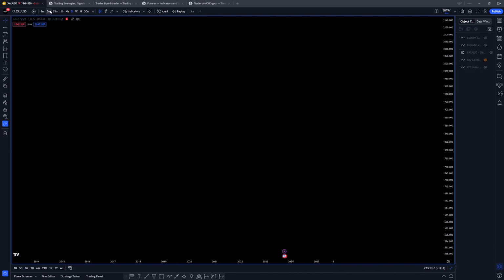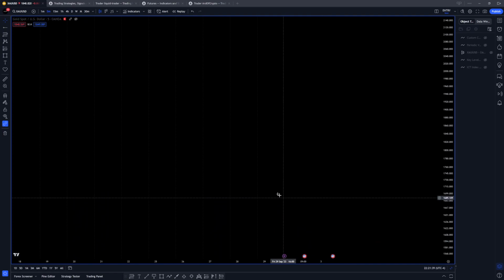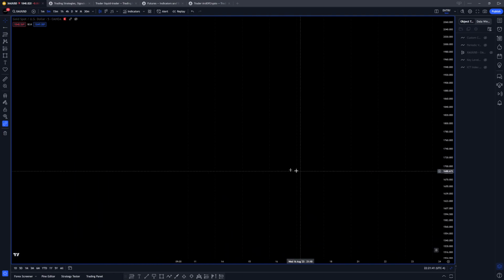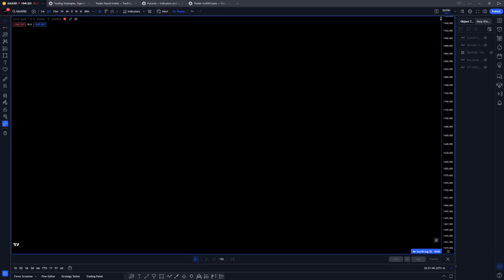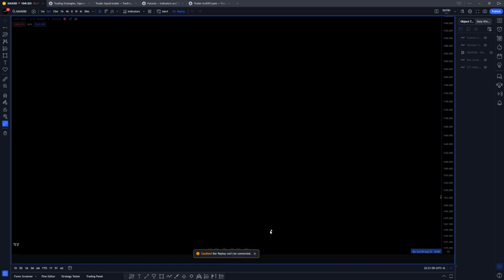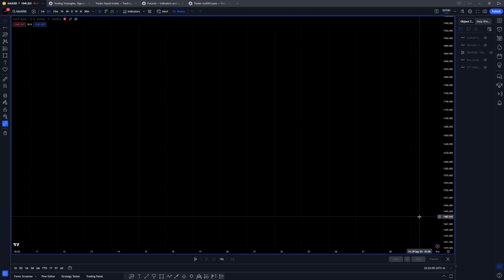Go down to a smaller time frame, like the 5 minute, right? Roll on a random day. We'll do it twice. I know 5 minutes doesn't have a lot of data. We'll do it once, and then we'll do it again. Somewhere back here. That's weird. Let's see where we at. Bar replay cannot be accessed. What's going on?